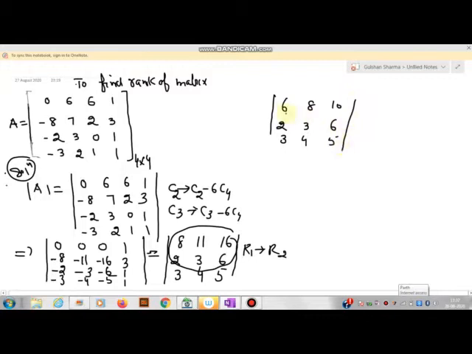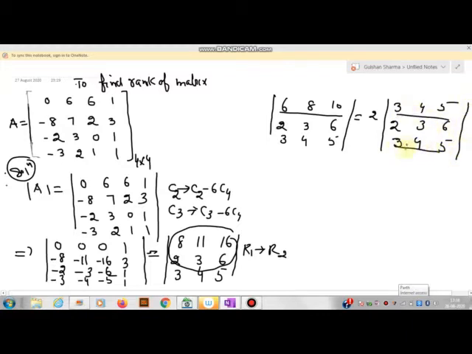If I take 2 common from this row, I will get 2 times 3, 4, 5, and 2, 3, 6, 3, 4, 5. Now look at this one, R1 and R3 are identical, and when two rows are identical, the determinant is 0. So 2 into this is 0. So the minor of order 4 is 0.